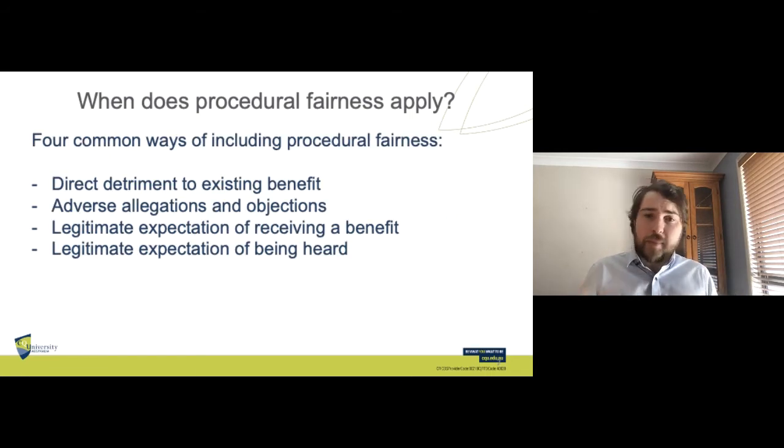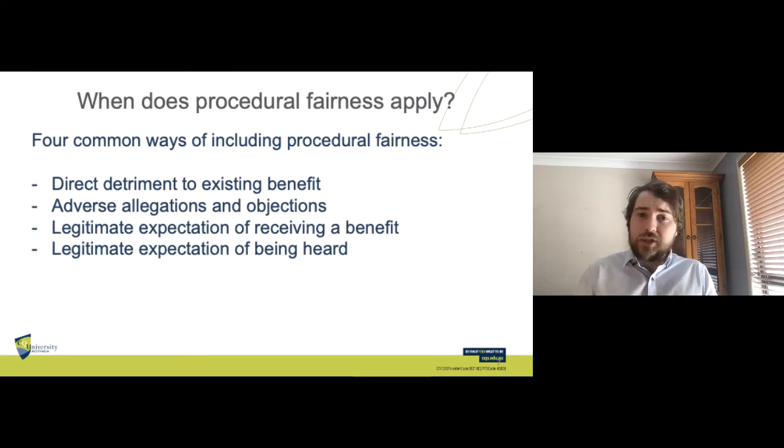So four common scenarios where we would expect procedural fairness to apply, where we would expect common law to imply natural justice, would be where someone suffers a direct detriment to an existing benefit. If someone is currently enjoying a benefit and that's going to be impacted in some way, we would expect that they should have the opportunity to respond to that. Where adverse allegations or objections are being made against someone, they should have the right to respond.